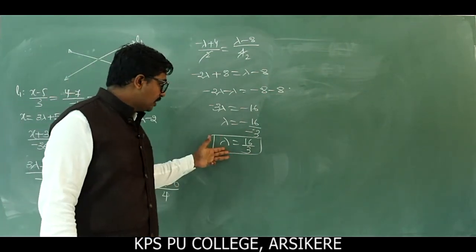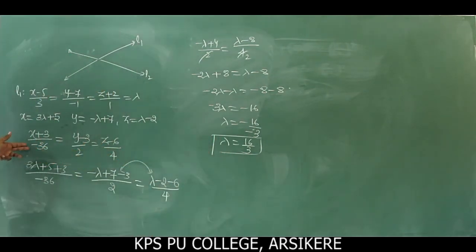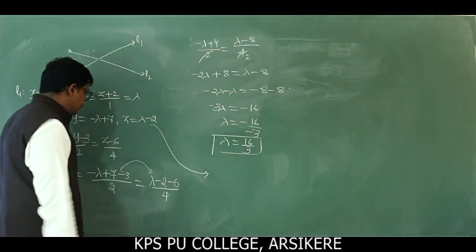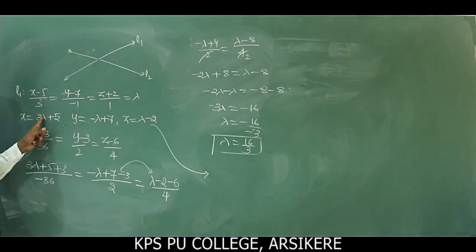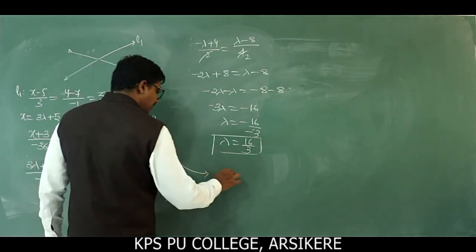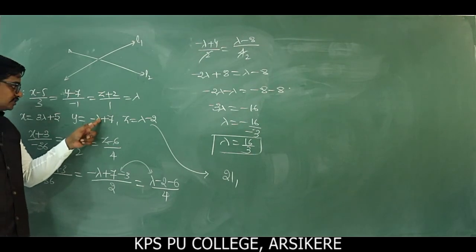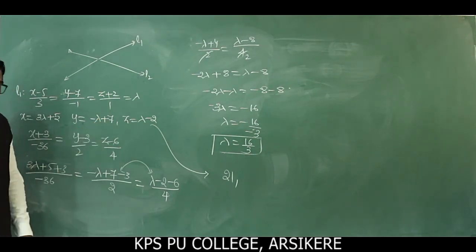So after obtaining lambda, substitute lambda is equal to 16 by 3 in this term. Just observe there. Lambda replaced by 16 by 3. So 3 into 16 by 3, the 3 gets cancelled. We are left with 16 plus 5, 21. And the second one, y value, minus 16 by 3 plus 7 is there.